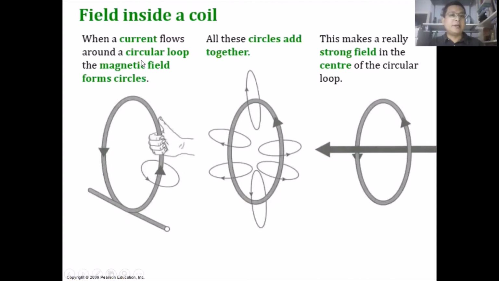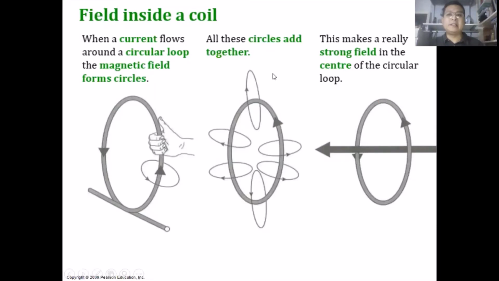Field inside the coil. If we use a coil, the current flows through the circle. So what happens? When the current flows around the circular loop, the magnetic field forms circles. All these circles add together.